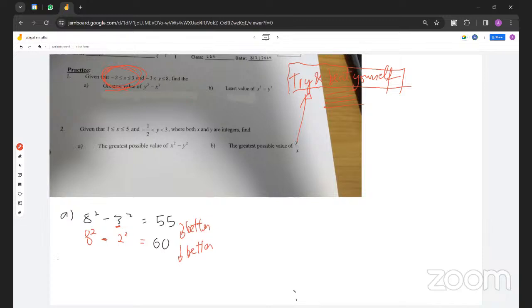First number, which is 8. Are you going to change 8 or not? It's totally up to you, but change or no change? No change. All right, 8 squared.